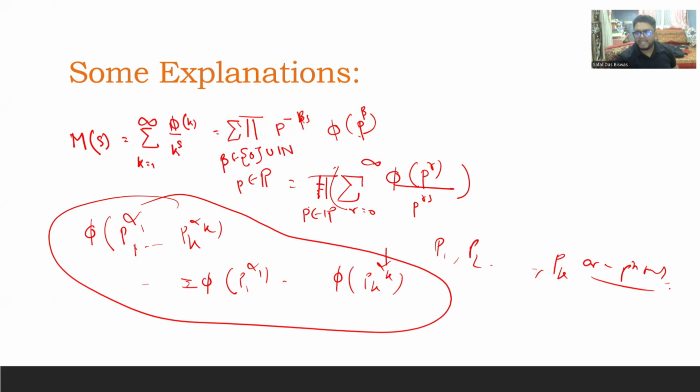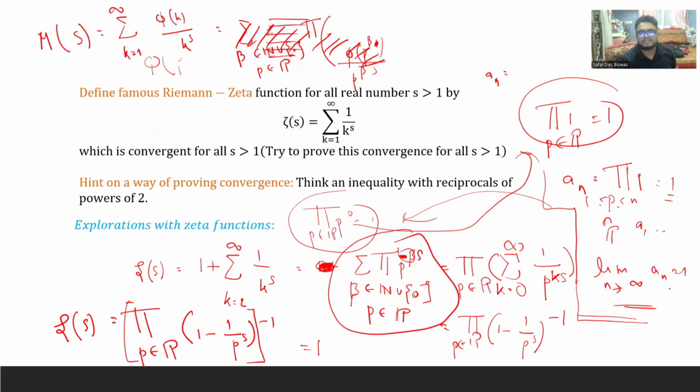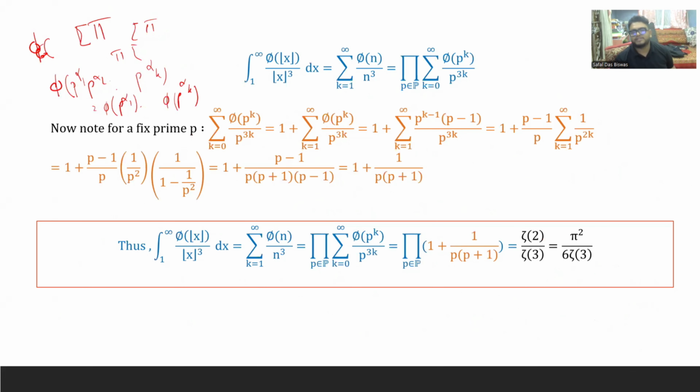And I'm near the end of the video. So this allows me to write this expression to be this. And from this, just compute this, because we know that phi of p to the power k is p to the power k minus 1 into p minus 1.